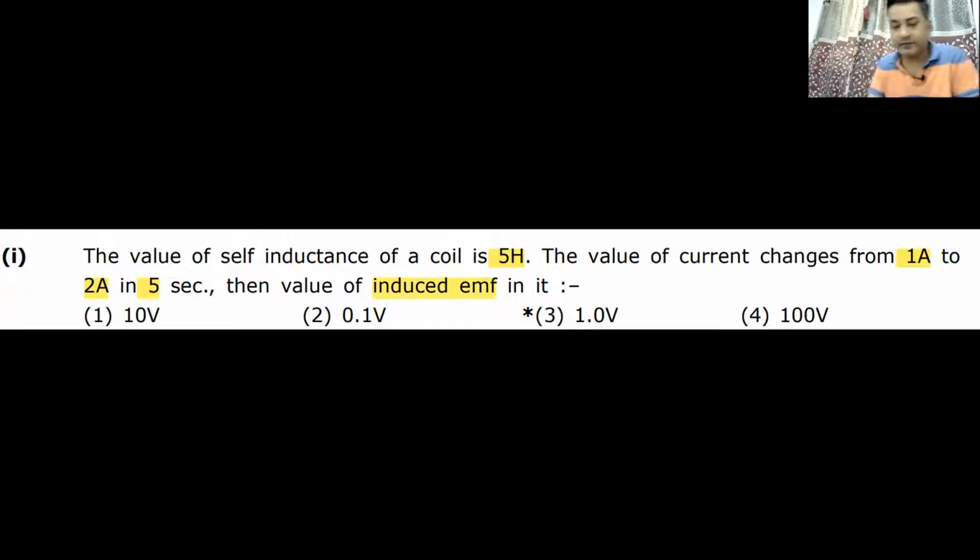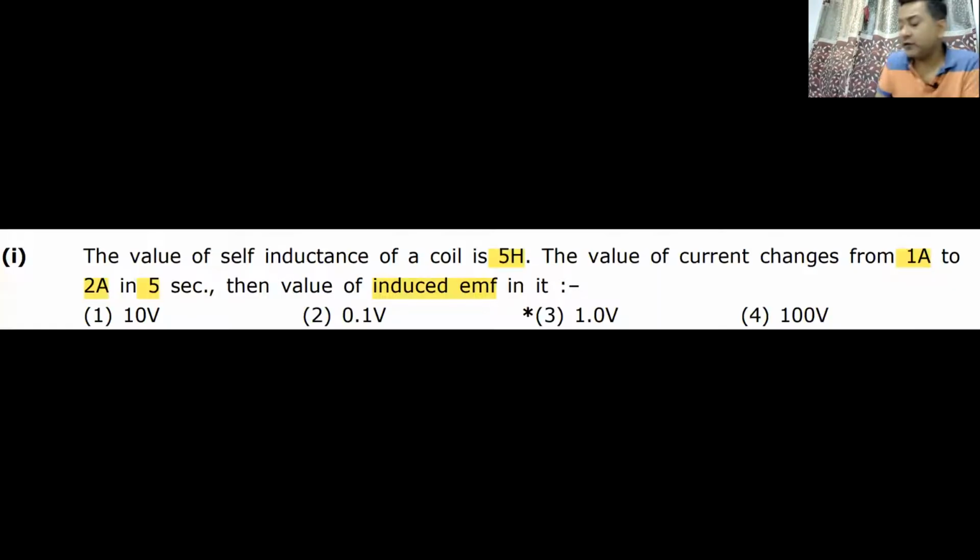I'll give you time to solve it. You have 2 minutes to do it. I've highlighted the important points. Remember the formula. Put these things in the formula and you will get the induced EMF. Just apply the formula.